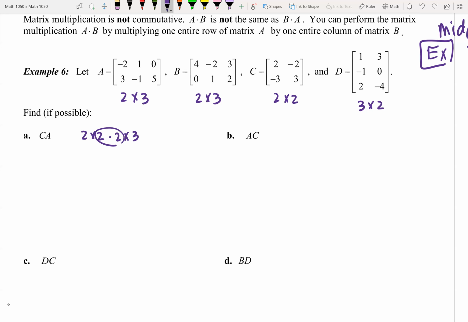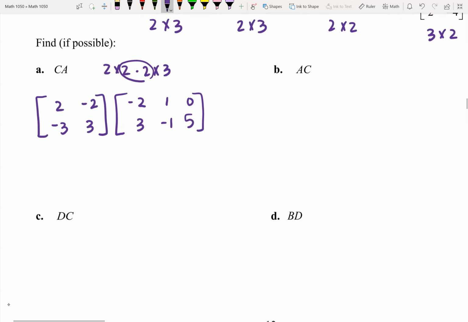Now I want you to watch closely. The order matters, so you must put matrix C first. Everybody put matrix C, and then right next to that, put matrix A. Here's what I strongly recommend that you do.